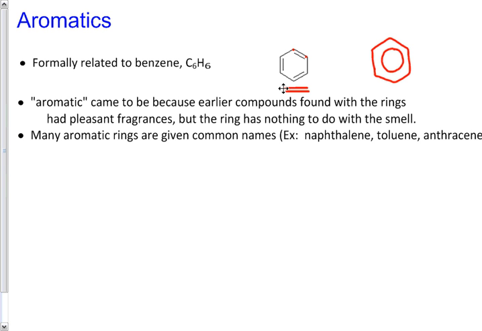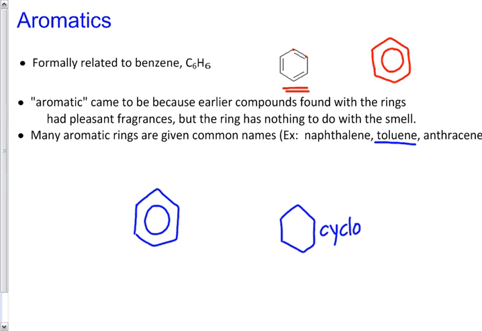A lot of aromatic rings are given common names. One of the most common ones is toluene, and sometimes you will see that. A toluene molecule is a benzene molecule. So I'll draw it with the circle, a hexagon with the circle. That is different, by the way, than cyclohexane. Cyclohexane has all single bonds. So be careful when you're naming compounds.